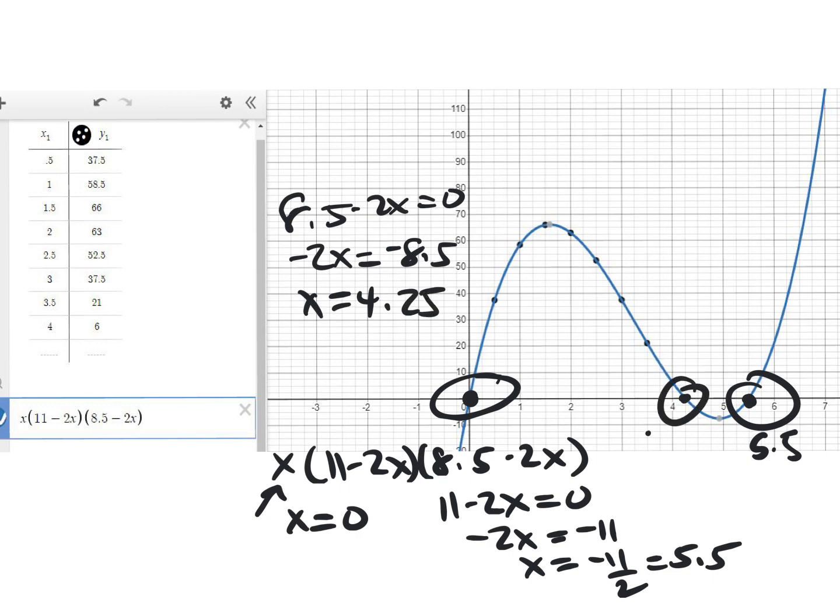That is this x-intercept. So from this graph, I can see the x-intercepts, and the x-intercepts are found by setting the factors equal to 0 and solving. Some other things that we can talk about on this graph are what we call the increasing and decreasing intervals. And so we're going to do that next.